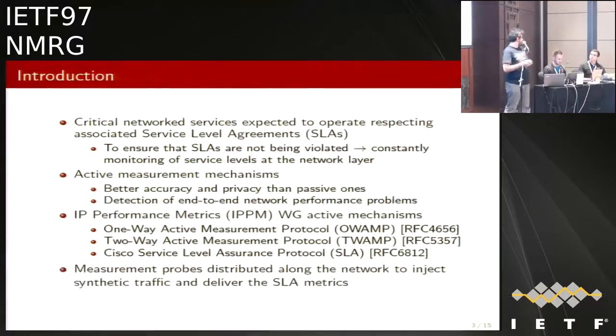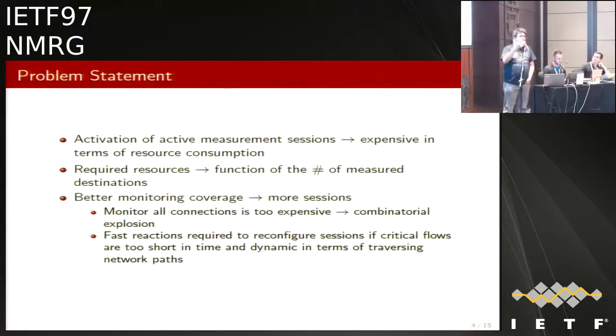So, previous. Yeah, thanks. And in order to do that, you have to inject traffic on the network in order to deliver these traffics. So our problem is that in order to have these measurement probes activated in a certain location in the network, and also when you need to inject the traffic, there are some computational and network resources which are necessary to do these measurement tasks.